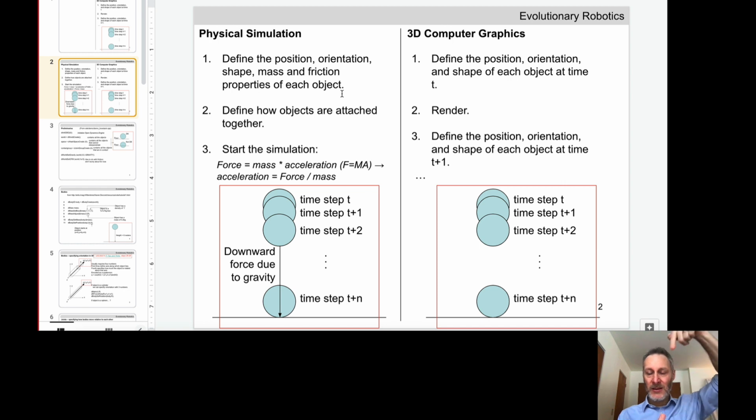So when the object comes into contact with the ground, at that time step, gravity is pushing down with a certain force, and the ground is pushing upwards with the exact same force, and those two forces cancel out. Remember that I mentioned the physics engine is summing all of the forces that act on an object.